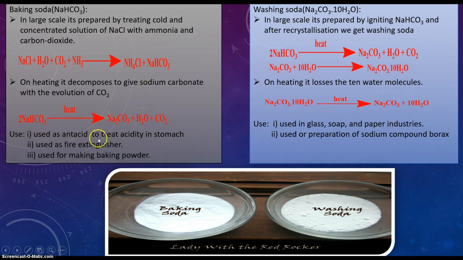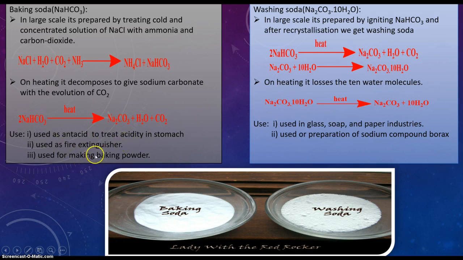Baking soda is used as an antacid to treat acidity in the stomach. The antacid that you take for the cure from acidity actually contains sodium bicarbonate as the major chemical substance.